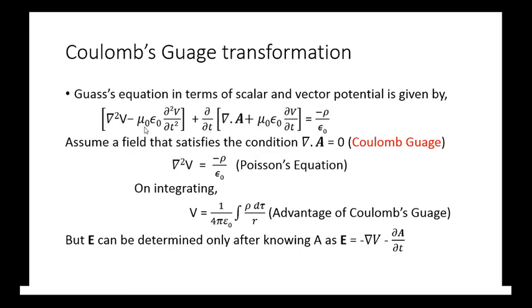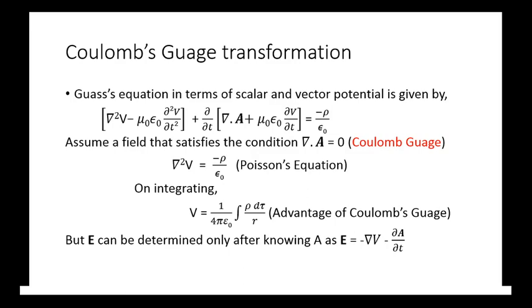And there is another term minus mu 0 epsilon 0 dou square V by dou t square. So this term and this term, that means second term and fourth term, get cancelled. So what will remain? Only del square V. So del square V is equal to minus rho by epsilon 0.